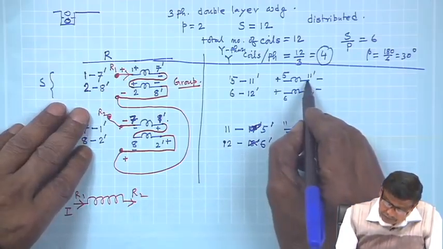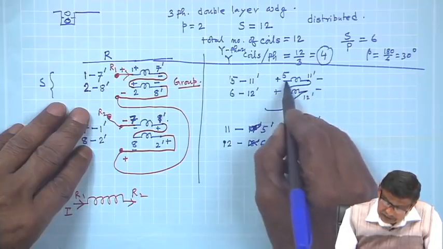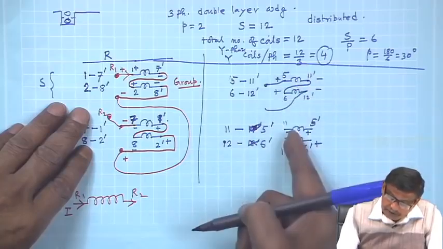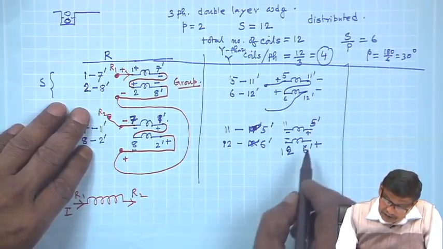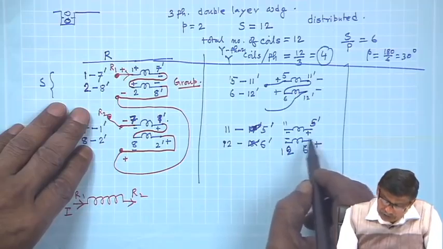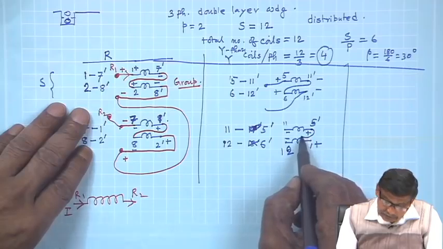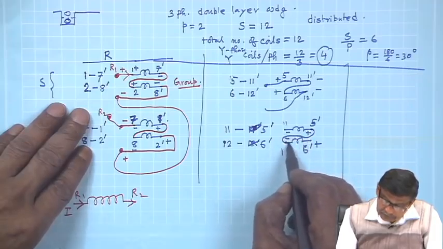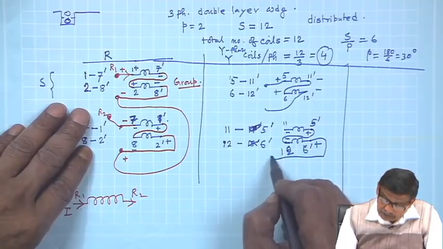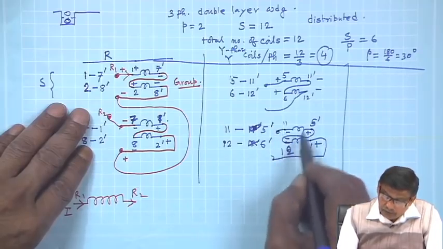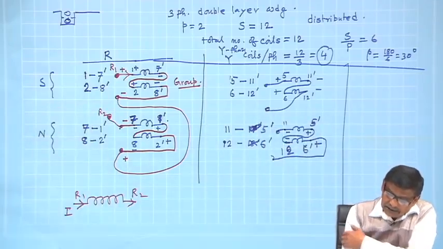and therefore, these two groups I connect in series to get the first group of Y phase. This column is for Y phase, and these two also you connect in series, so that these two voltages are additive. These are the two terminals of the second group of Y phase coil, but the point is the polarity has reversed.